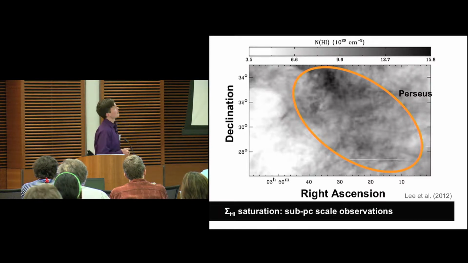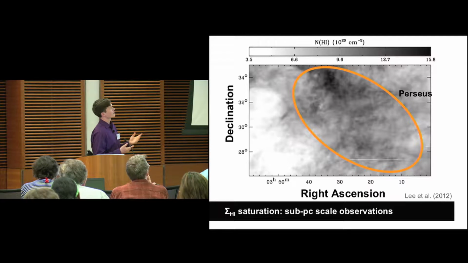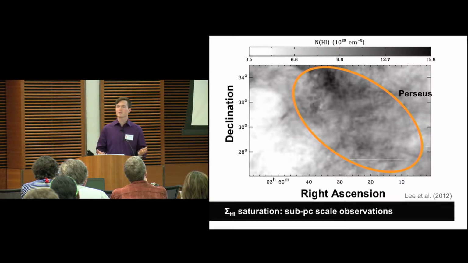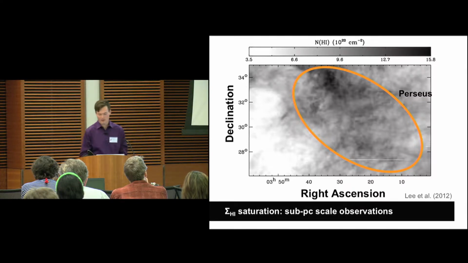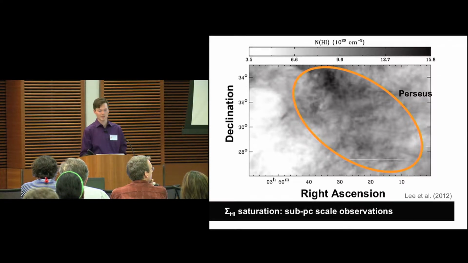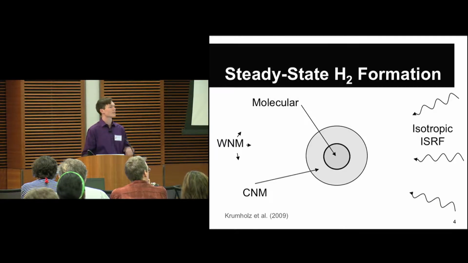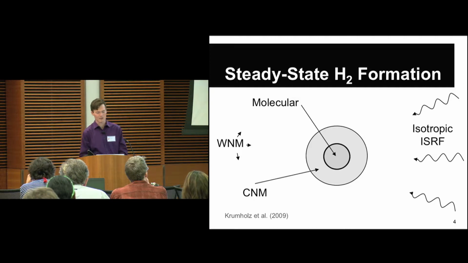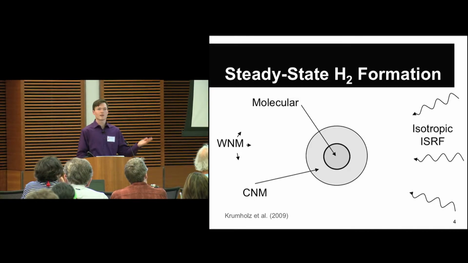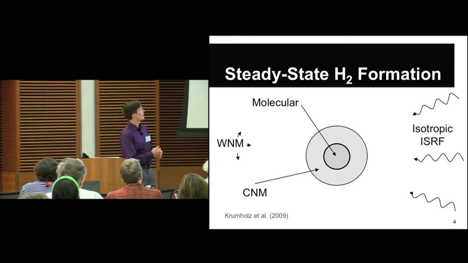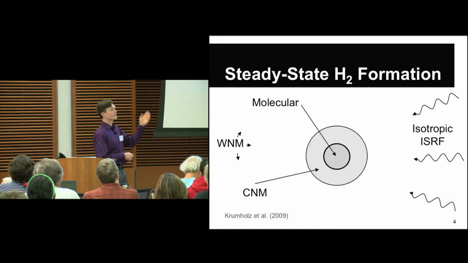Now this observational trait can be described by molecular hydrogen formation. Previous recent models of steady-state H2 formation have been able to describe this H1 surface density saturation as a threshold in atomic gas.